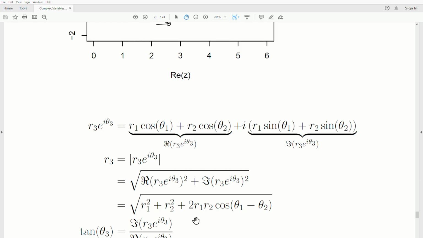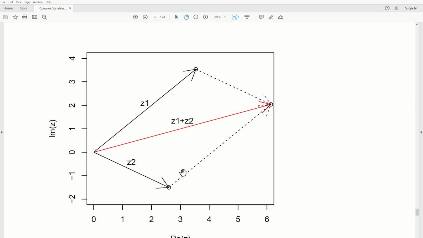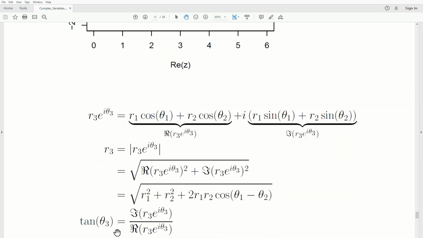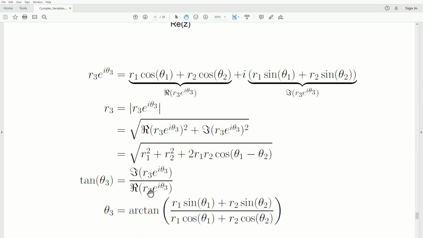So that's the generic radius, or the modulus, of this new complex number, the addition of two complex numbers. And if we look at the angle, if we think of this as a right triangle, and this is the angle, then tangent of theta would be the imaginary divided by the real component. And so the tangent is the imaginary length divided by the real number. And these are both real numbers, right? If you just look at that imaginary component.